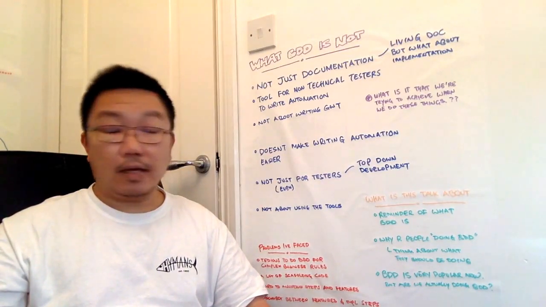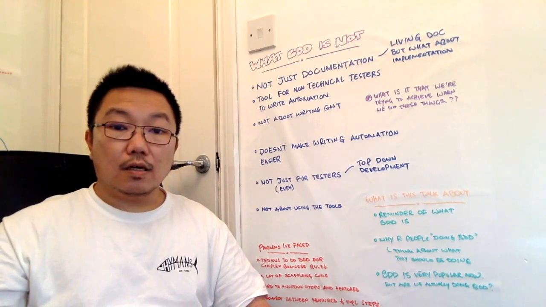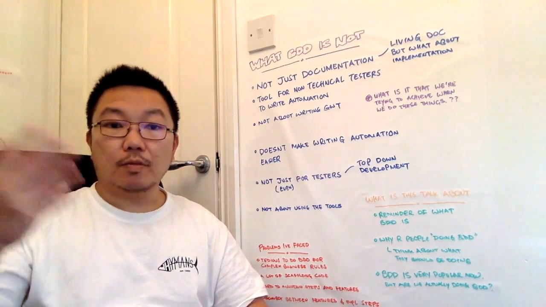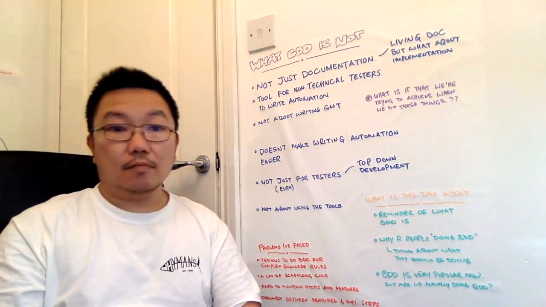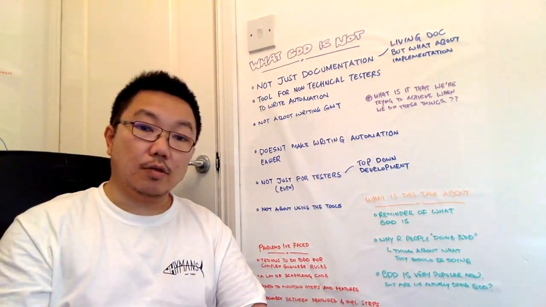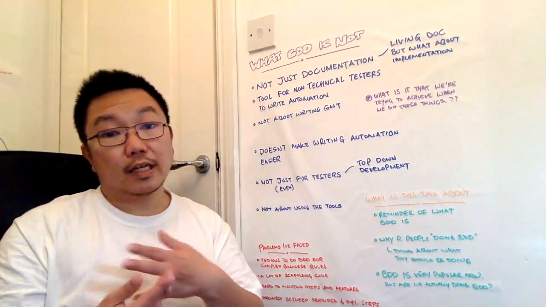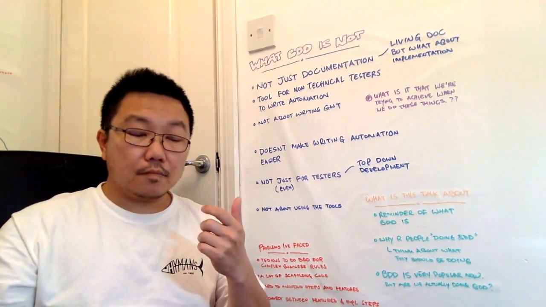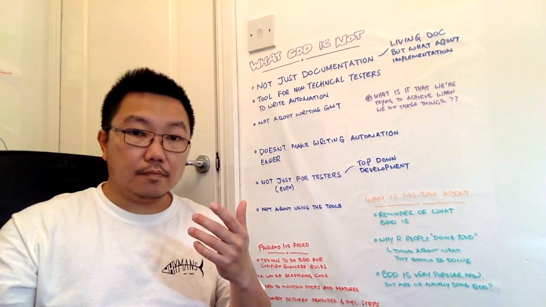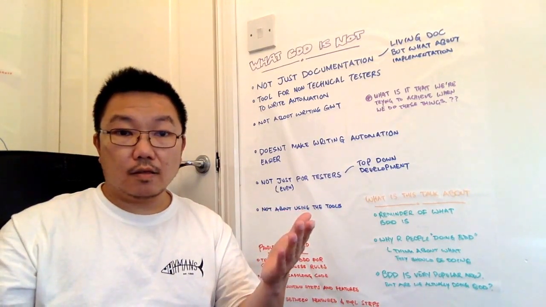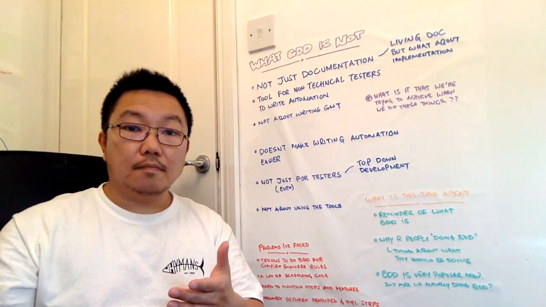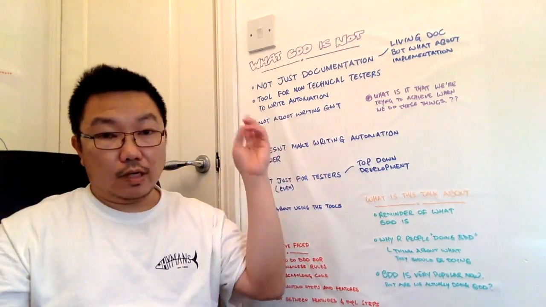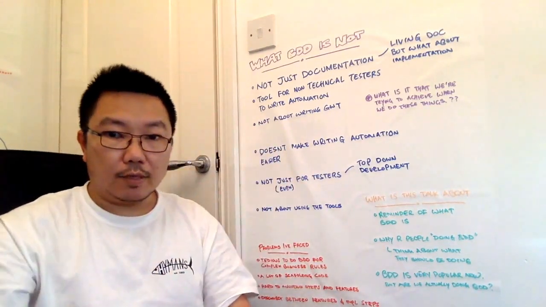For me and my understanding, BDD, as I mentioned before, was meant to be a top-down methodology to foster communication, interaction, better understanding of the system, the product you want to build, and to help with the design of the system. It's not about individually any of the things that I've mentioned before.